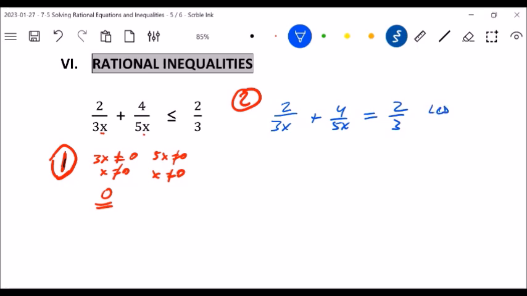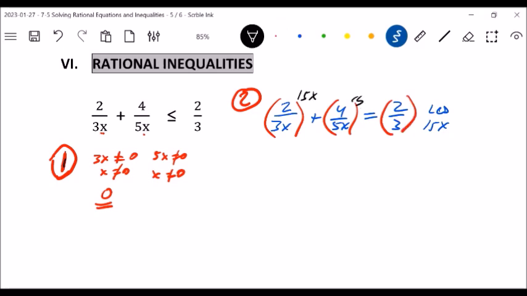The LCD for this is 15x. So I am going to multiply each of the terms here by 15x. The 3 goes into the 15 5 times, the x's cancel.